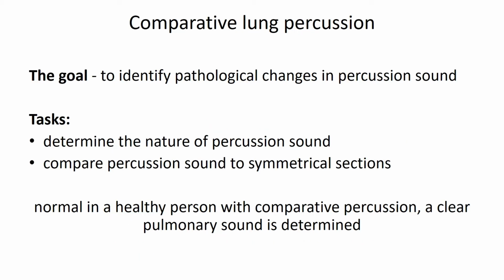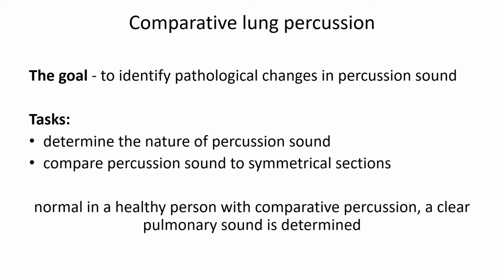Now, comparative lung percussion. The goal of this type of percussion is to identify pathological changes in the percussion sound. You compare the right lung and the left lung, that's why it's comparative. You compare the sound in several positions on one side and do the same on the other side. The task is to determine the nature of the percussion sound and compare it over symmetrical sections. Normally, in a healthy person, a clear pulmonary sound is determined with comparative percussion.